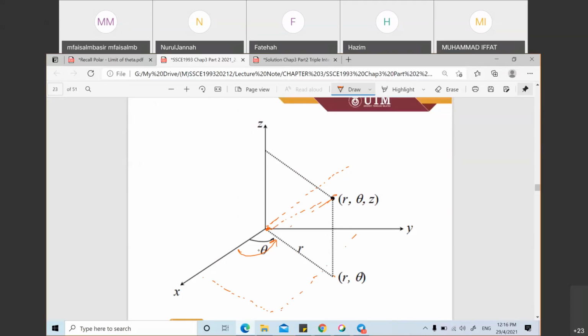So here we have r, theta, and z. And z is just increment here.